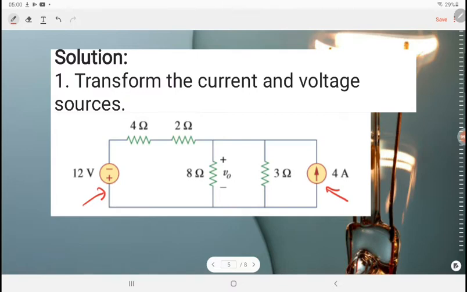To get the value of the voltage source, we use Ohm's law, Vs equals Is times R. Is is 3 ampere times 4, so you get 12 volts. The 12 volts must be in series with the 4 ohm resistor.